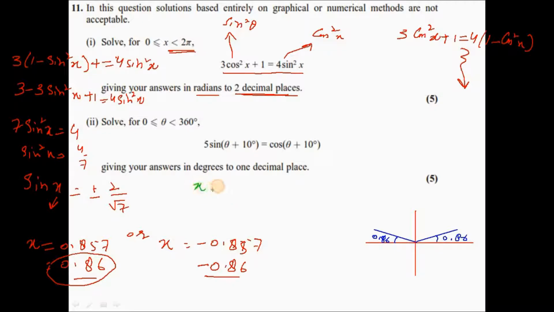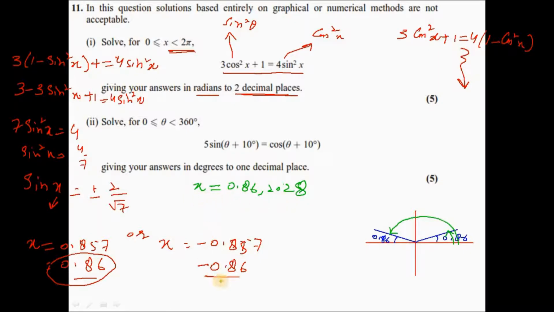My first solution starts with the positive x-axis till the first line, so the first solution is 0.86, and the second solution is this much: pi minus 0.86, which will give you 2.28.